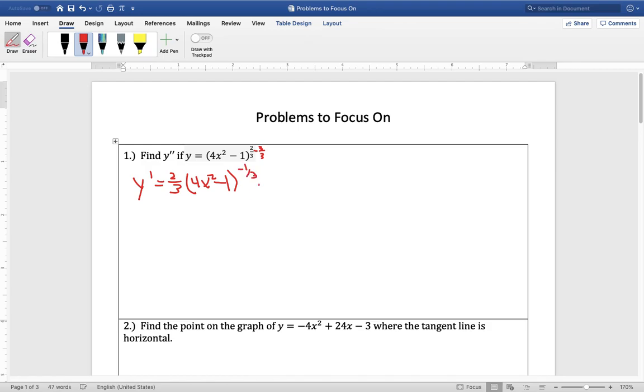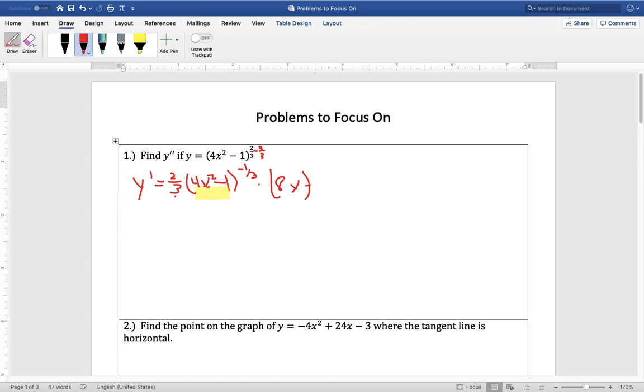And then you still need to multiply by the derivative of the inside piece. So we take this inside piece and find its derivative. That's going to be 8x, because the 1 cancels out when you take the derivative. Now we have to find our second derivative.